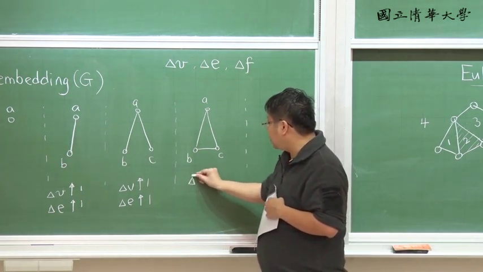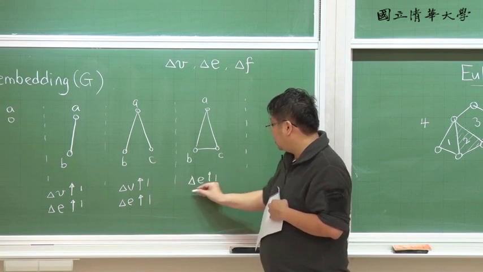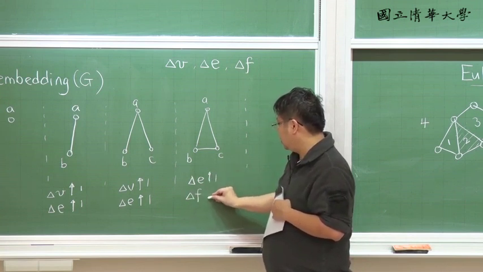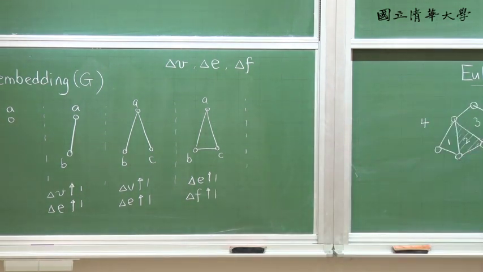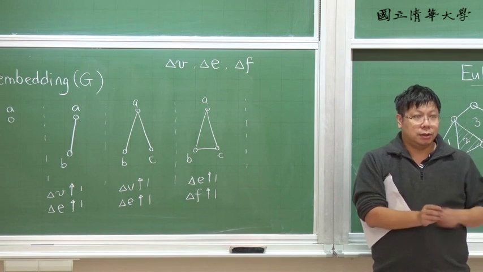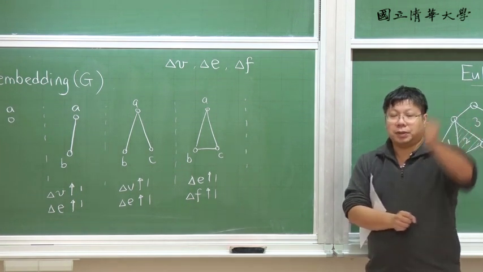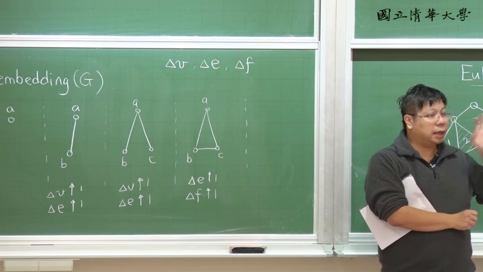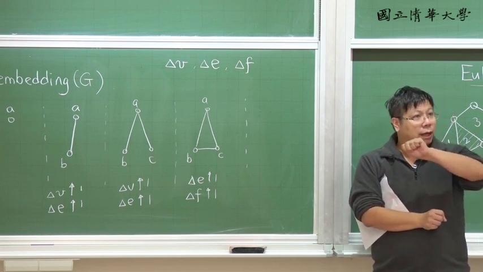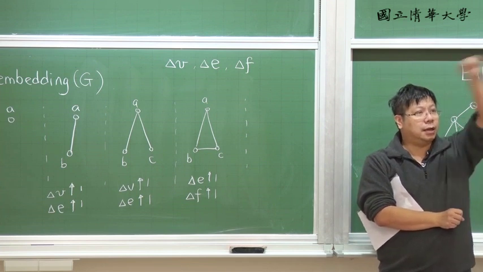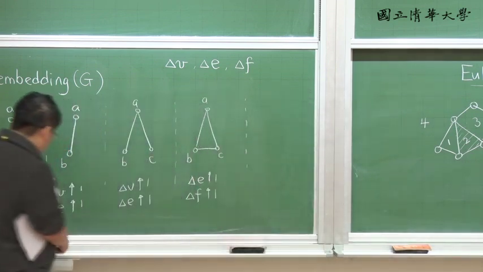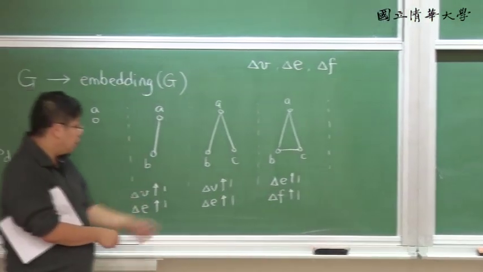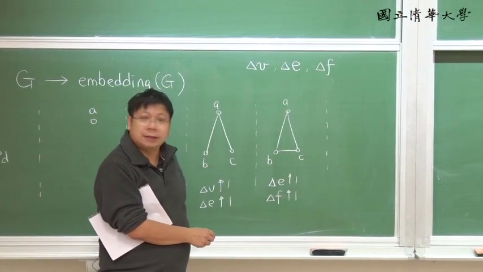So in that case, the number of edges increases by 1, and the number of faces also increases by 1. Is that okay?